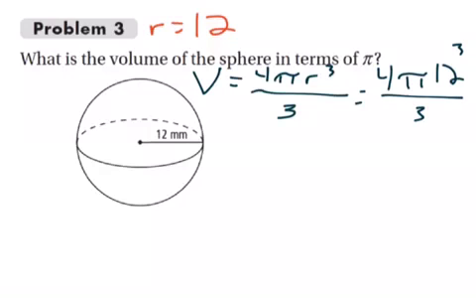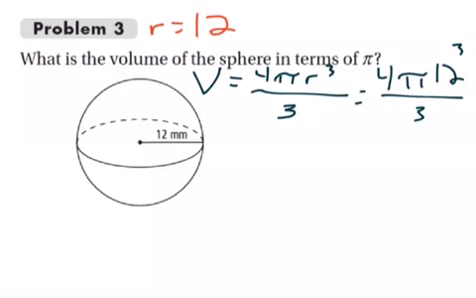And we bring out our handy-dandy calculators and use order of operations. Since the instructions say to leave the pi alone, what you're going to do is evaluate the 12 to the 3rd, multiply it by 4, and then divide it by 3. So I'm calculating this right now.